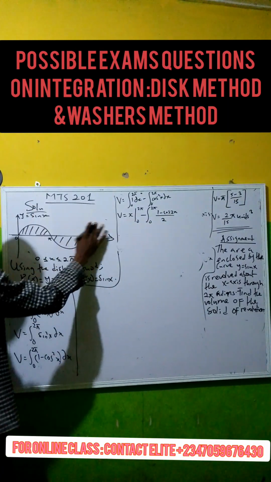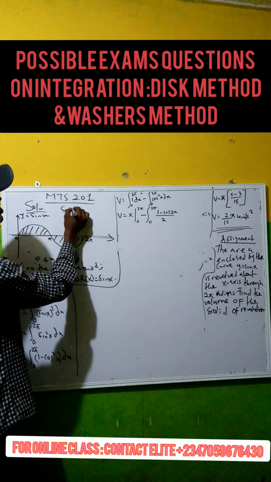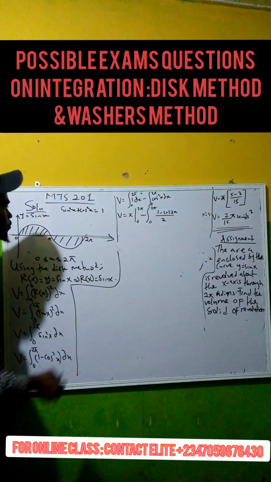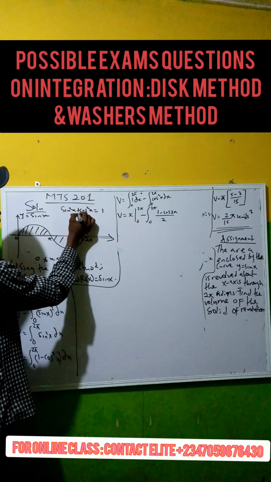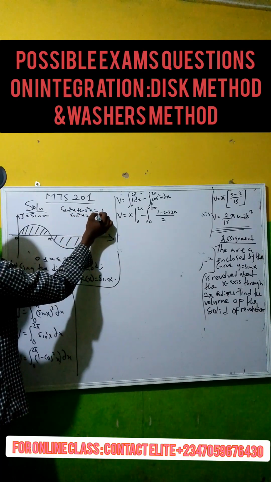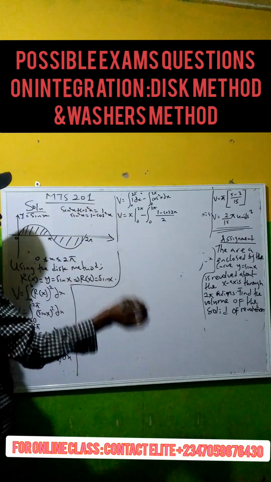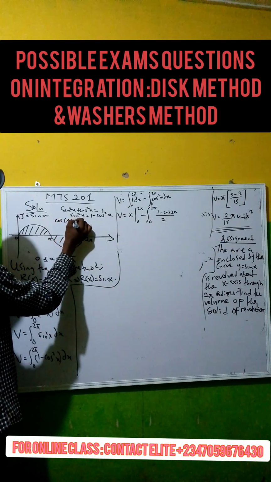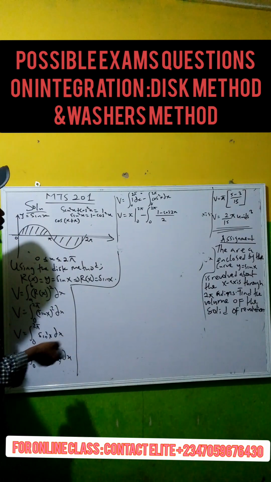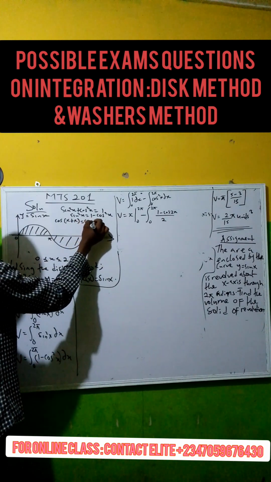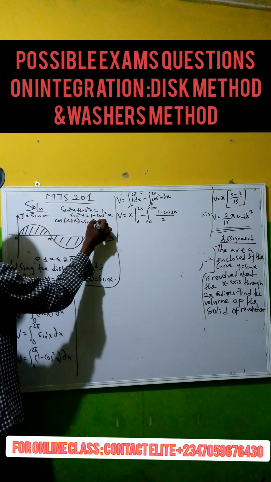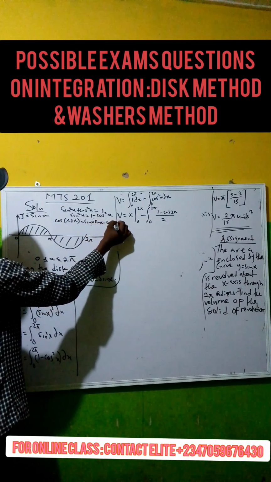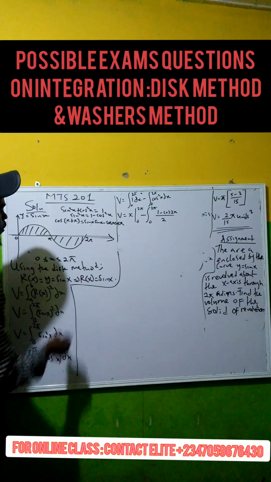Do you remember that sin square x plus cos square x equals 1, and sin square x equals 1 minus cos square x? You will also agree with me that if you imagine cos of (x plus x), it is the same thing as cos square x minus sin square x.